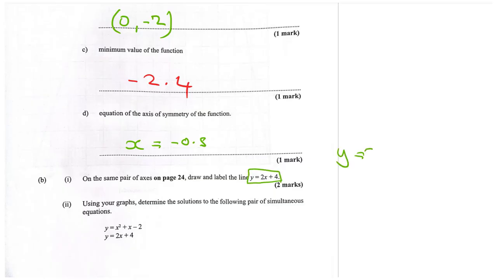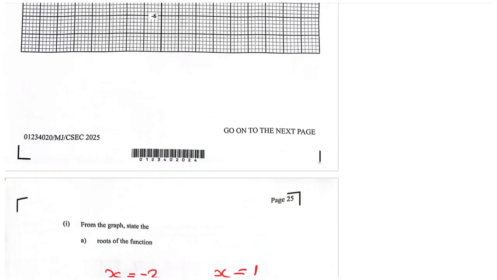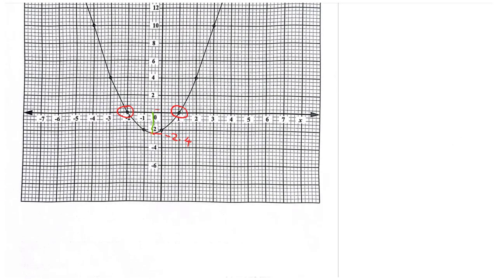Now, this 4 here is the y-intercept. Right? So therefore, we can go up here and put a point right here. The graph will cut at this point because the y-intercept is 4.